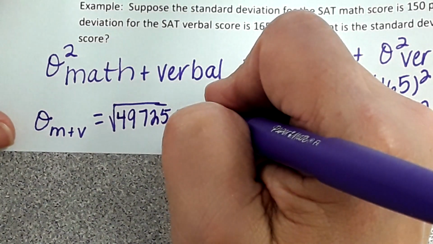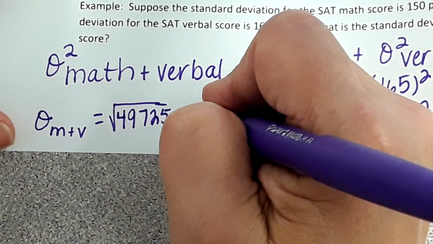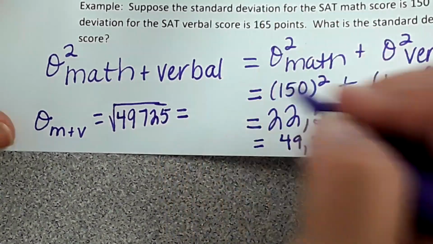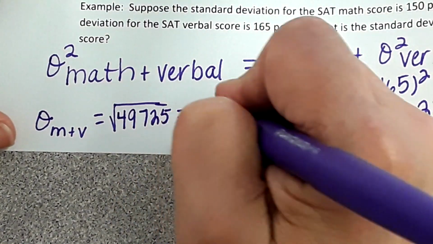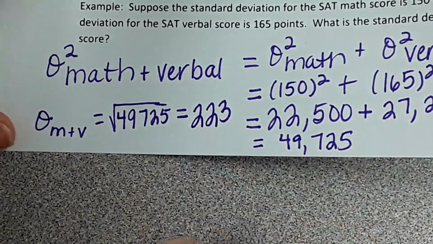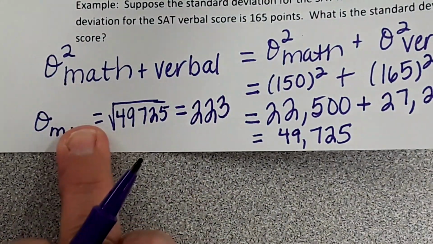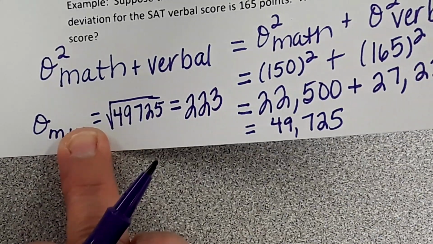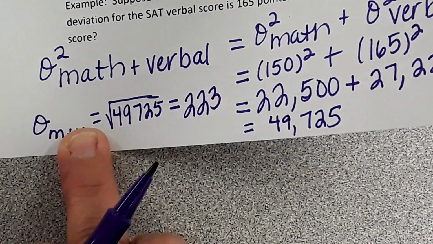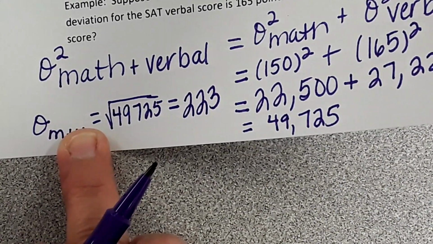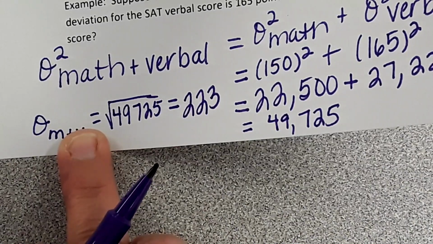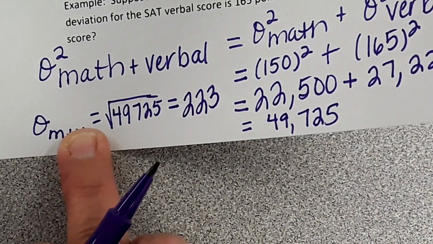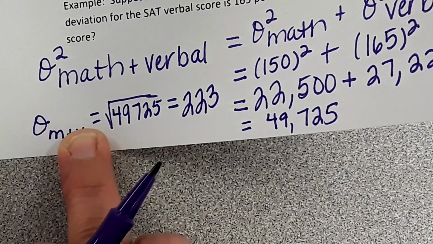222.99. Really? Why do I have 223? Maybe I rounded. I can't believe that I would round to a whole number. Maybe it's because it's so large. Oh, because the 9 makes it round up.